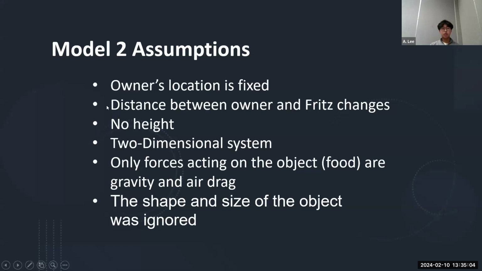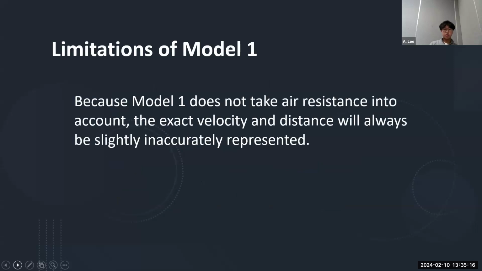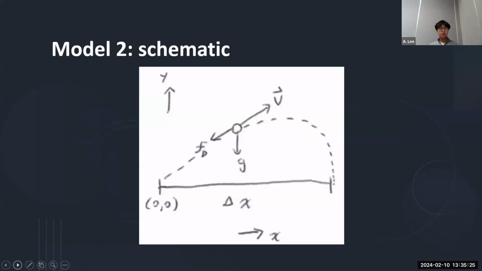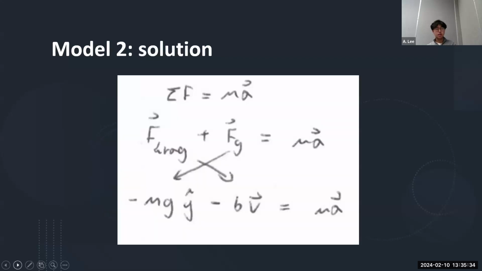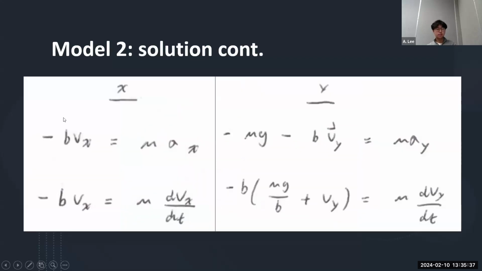The second approach used air drag and gravity as the forces acting on the object. So we can see the difference between the first and the second models: they have different forces acting on the object. The second model uses differential calculus, and we can represent velocity as the integral of acceleration.